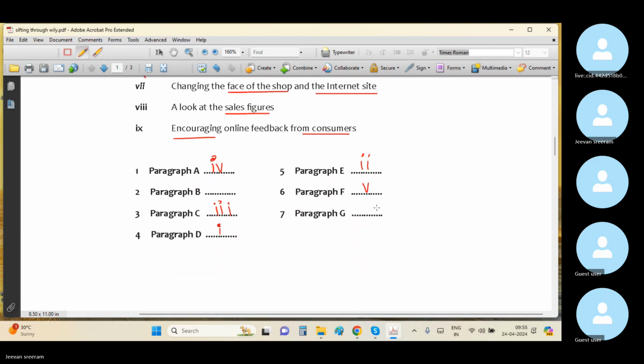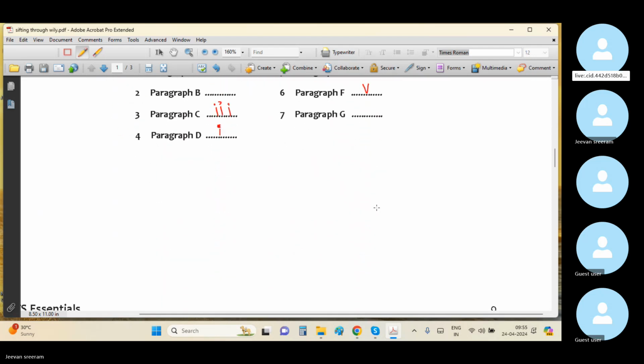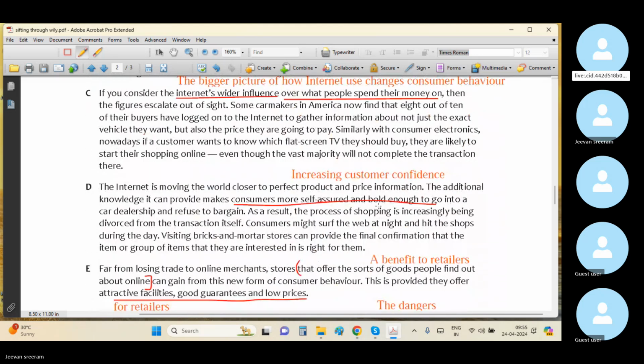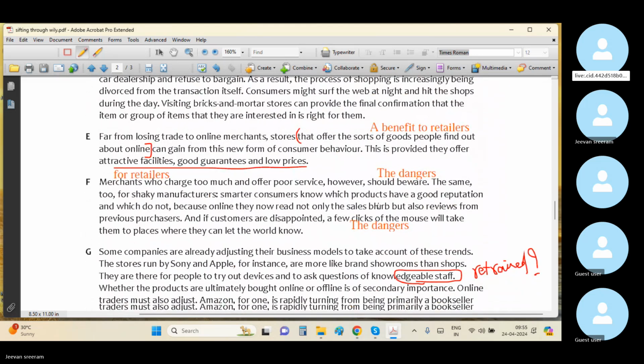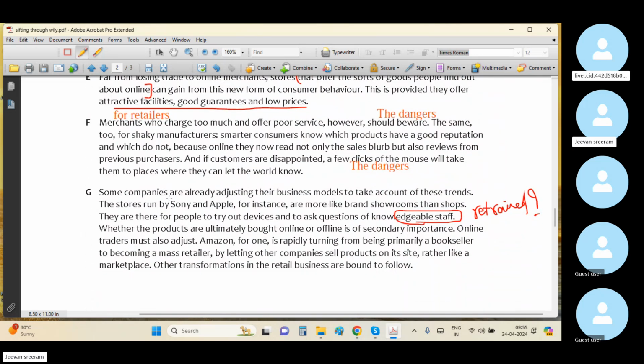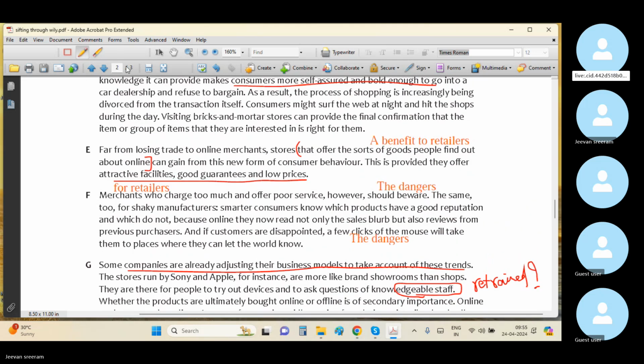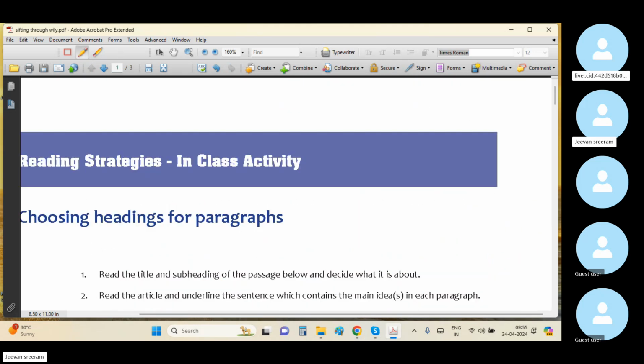G, sir. Please observe: the companies are already adjusting their business models, right? That's the paraphrase.